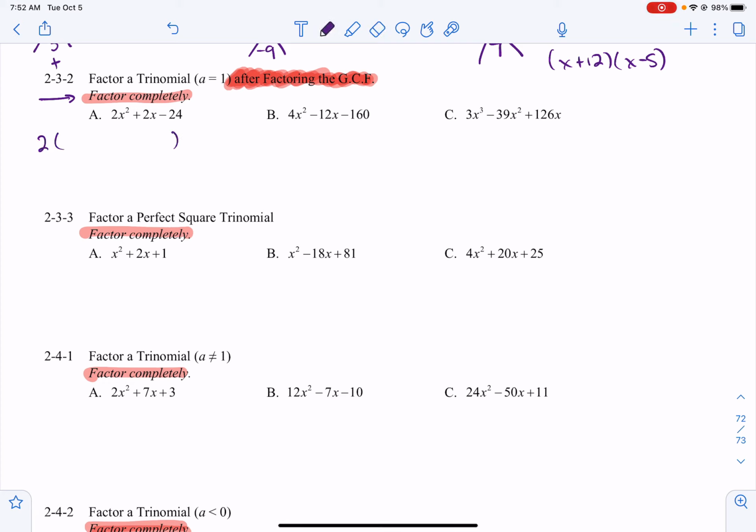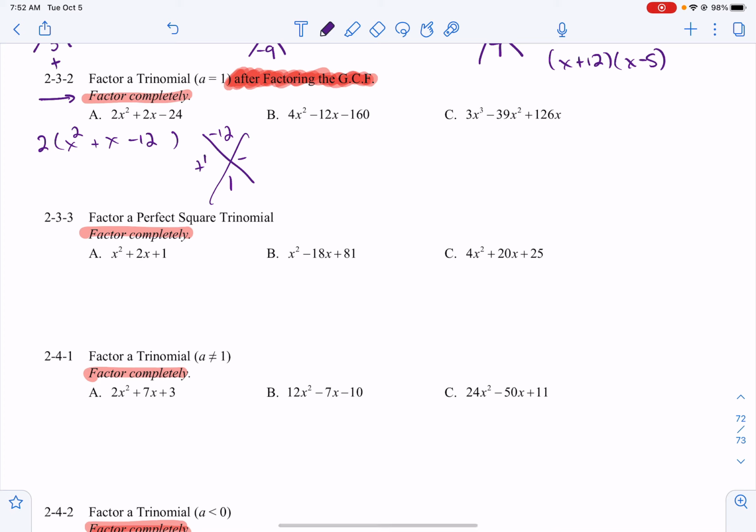So 2x squared divided by 2 is x squared. 2x divided by 2 is just x. And negative 24 divided by 2 is negative 12. Now I can do my big X. I put negative 12 on top, 1 on the bottom. So I'm going to have a plus and a minus since they multiply to be a negative.